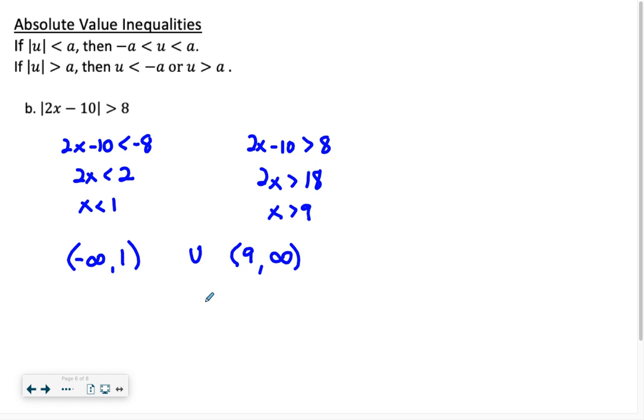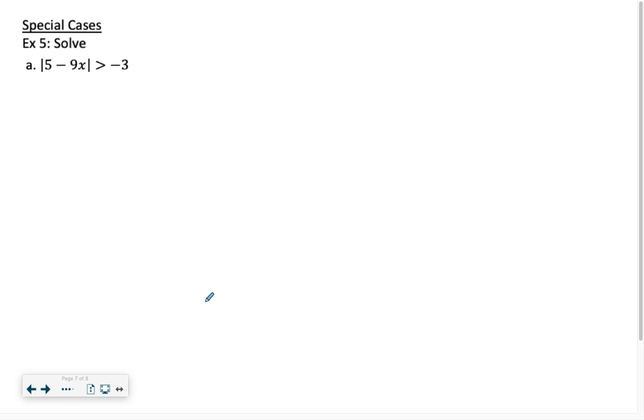So let's wrap up this video here with a couple of special cases. So here, we've got the absolute value of 5 minus 9x is greater than -3. Well, an absolute value is always positive. So I don't even have to solve anything here. We're saying that no matter what we plug in here, it's going to be greater than -3 because I know no matter what this ends up being, it's going to be positive.